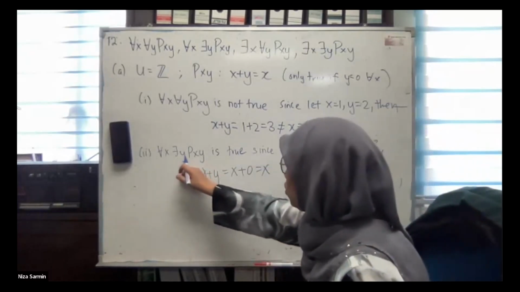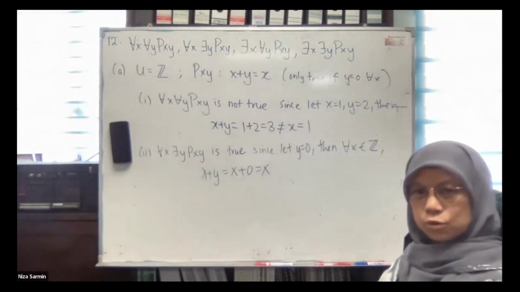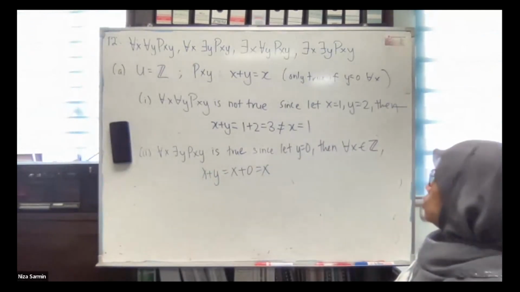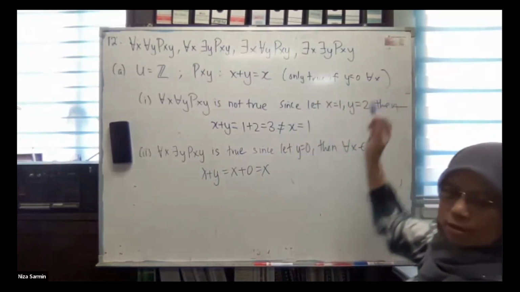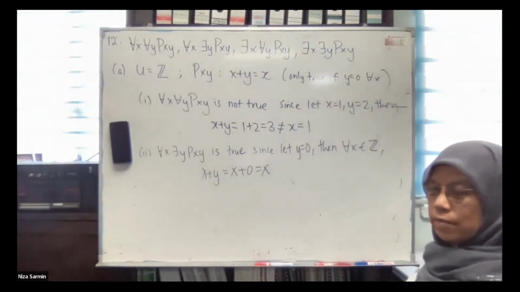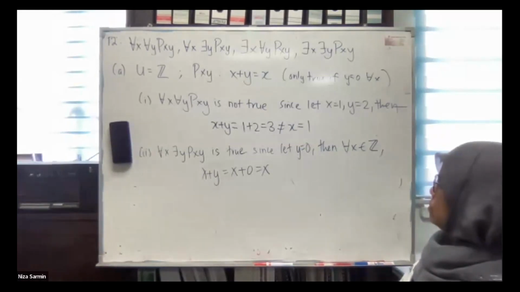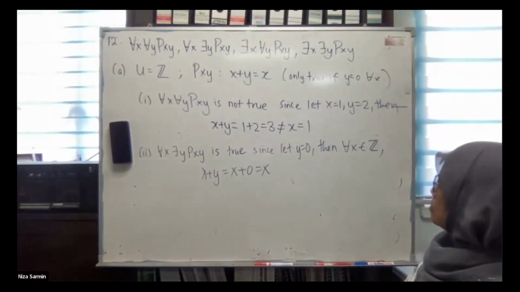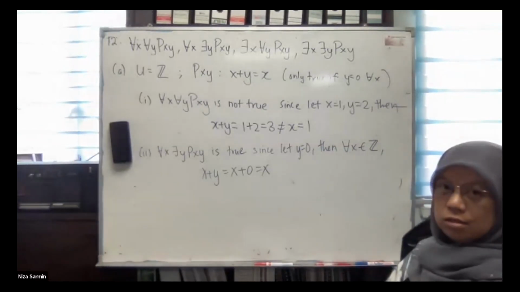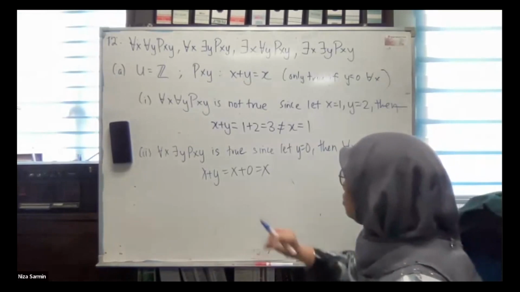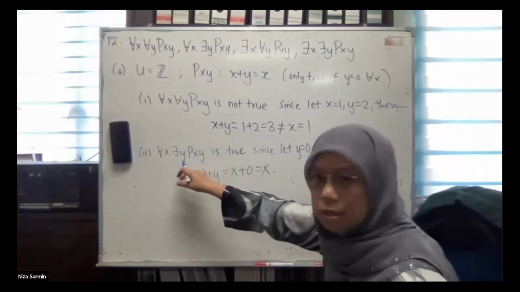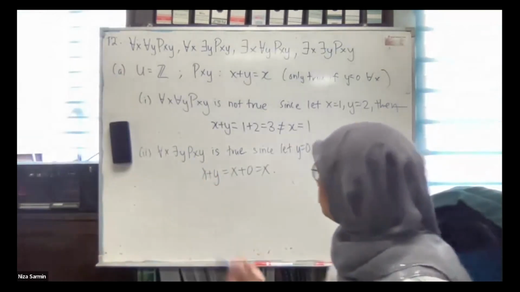Because there exists y. Yes, there exists y, so let y is 0. How do I know? Because I have right here. Yeah, this is true for all x, no matter what x is. Because x plus 0 is x. So that is the y, that is y equals 0.